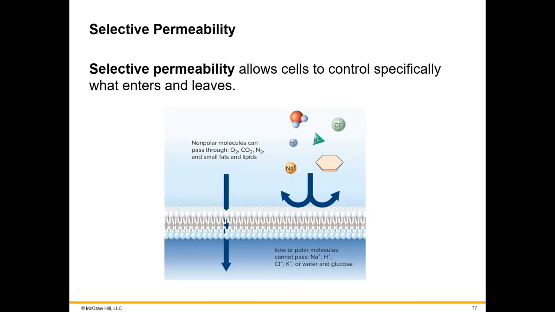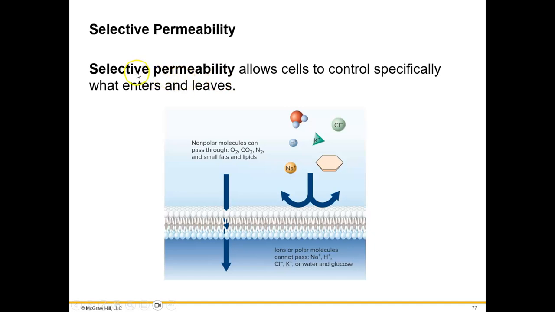When we talk about selective permeability, that's just describing what allows cells to control what comes and goes through the plasma membrane. So, permeability is the ability to come in or go out, to come through a material or a substance.